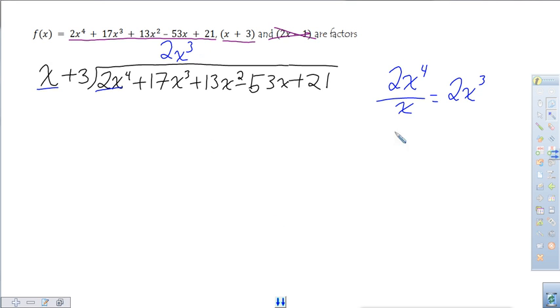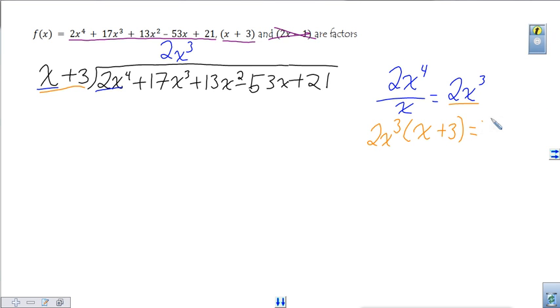Second step is to take this and distribute it to this guy. So 2x to the 3rd distributed to x plus 3 gives you 2x to the 4th plus 6x to the 3rd. So we put that right underneath here.